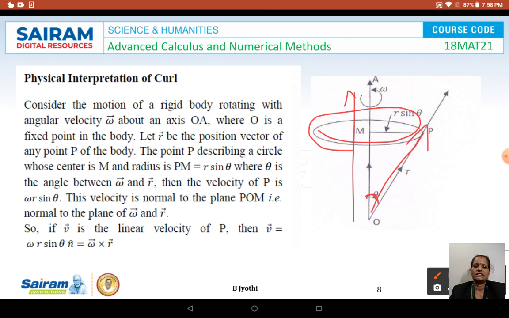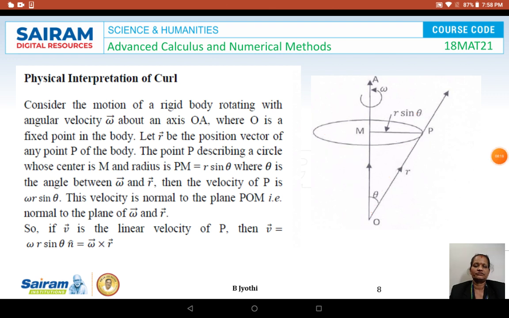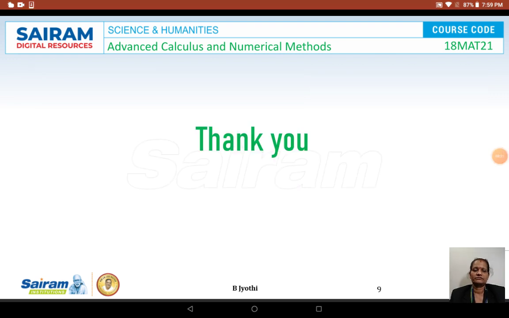This velocity is normal to the plane POM, that is, normal to the plane of omega and R. So if V is the linear velocity of P, then V is equal to omega R sin theta n cap. That gives us omega cross R, the vector. So that is the physical interpretation of the curl. Thank you.